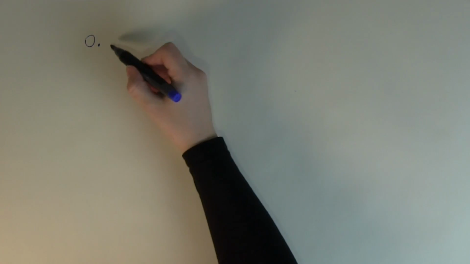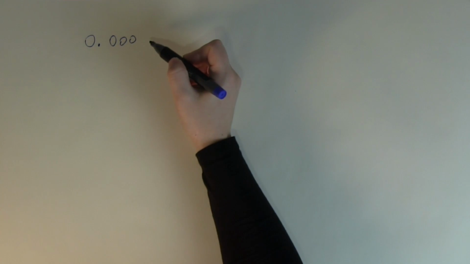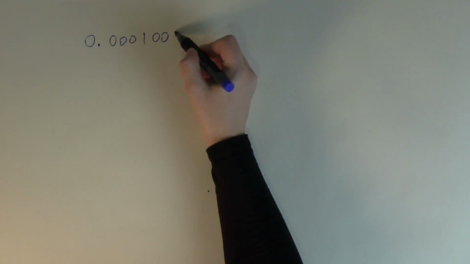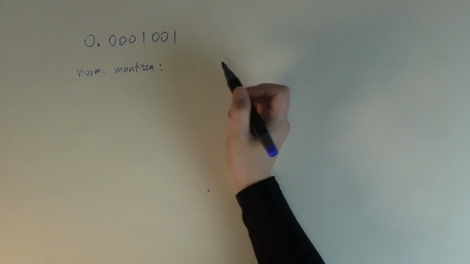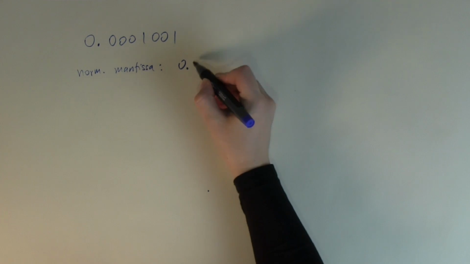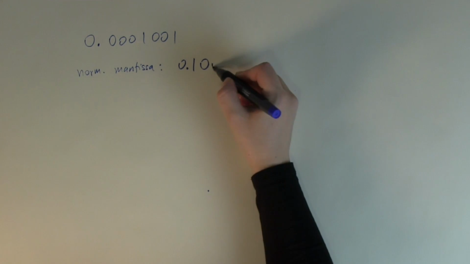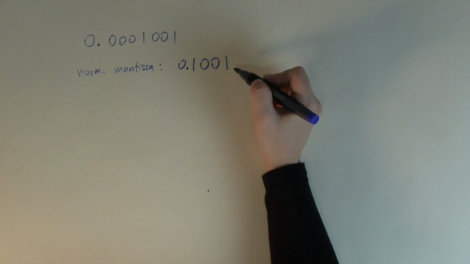Next normalization example, 0 radix point, 3 zeros, 1 0 1. So the normalized mantissa now will be 0.1001.